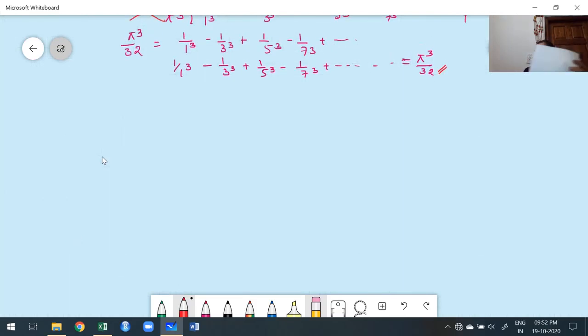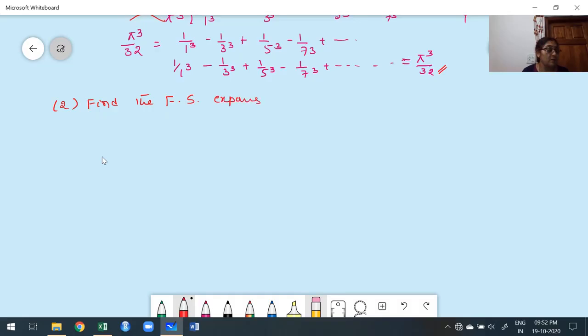Now I move to the next problem. Yeah, the second problem. This is also one of the important problems. The second problem is: find the Fourier series. Instead of Fourier series, I am simply going to write F.S., which is not standard notation. You please expand it as Fourier series.